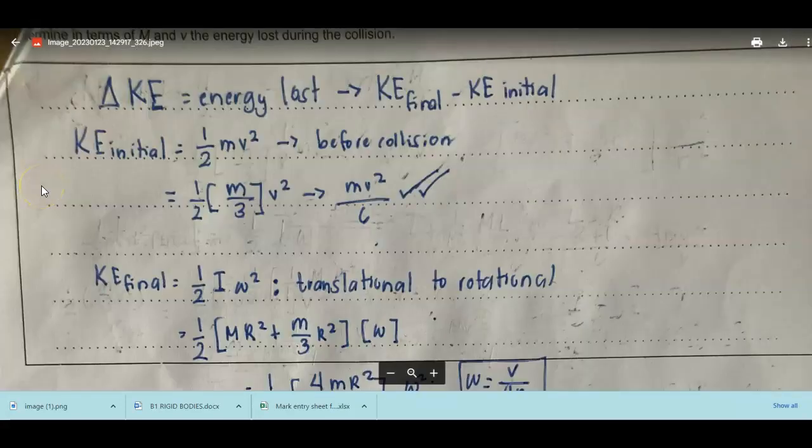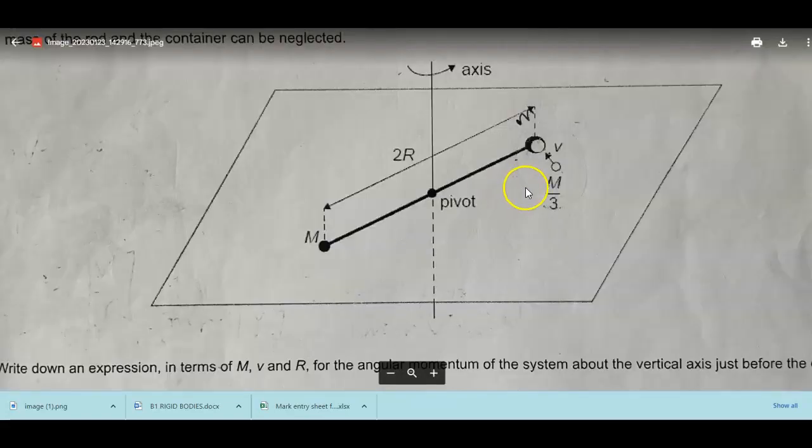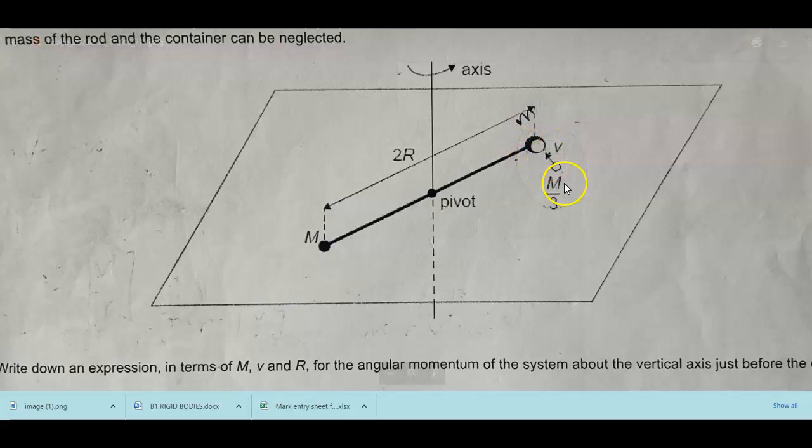Now, we will be setting this aside because we will be using this expression later on. Moving on, the problem says we have to get the energy lost. In other words, what is the change in kinetic energy? For us to get that change in kinetic energy, we go to our formula, which states that we have to find the difference between final kinetic energy minus initial kinetic energy. Initially, the kinetic energy before collision is 1/2 mv squared, because before colliding the point particle is moving linearly.